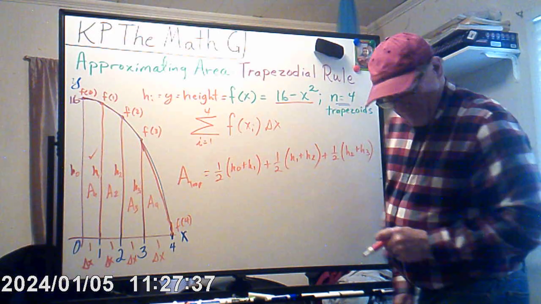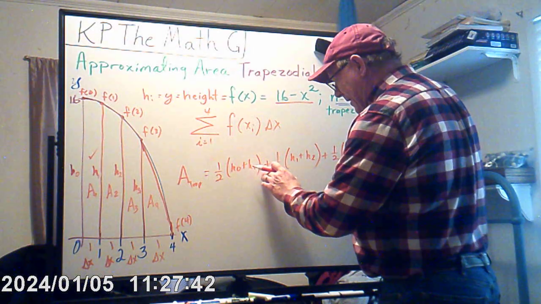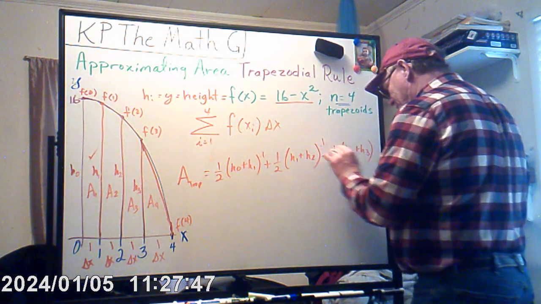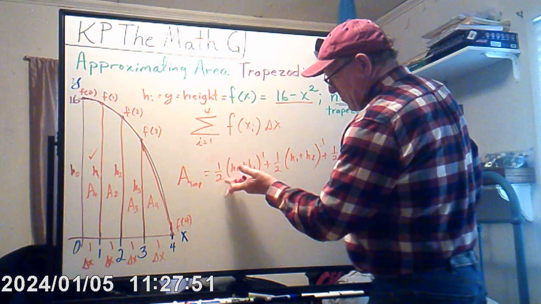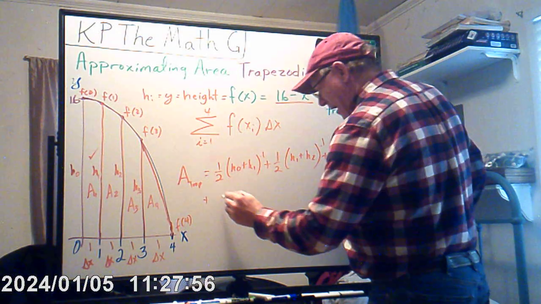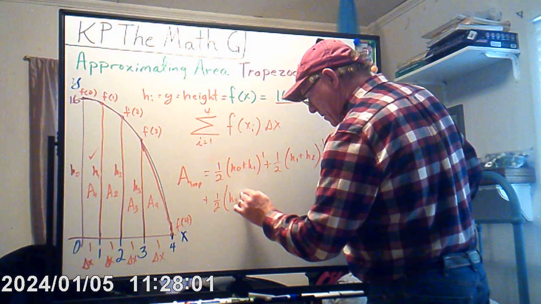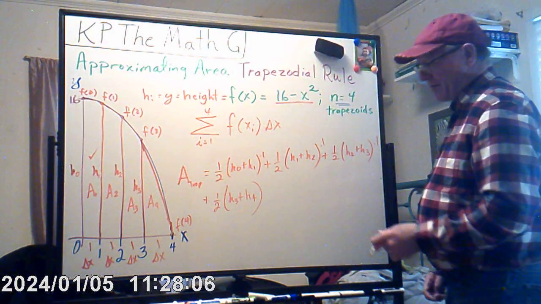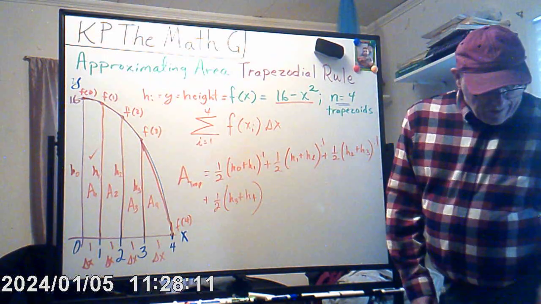Let's see, delta x is 1, so I guess we could have said times 1 each time, times 1 times 1, which is that anyway. And then plus 1/2 h3 plus h4. Now we can factor out the 1/2, can't we?